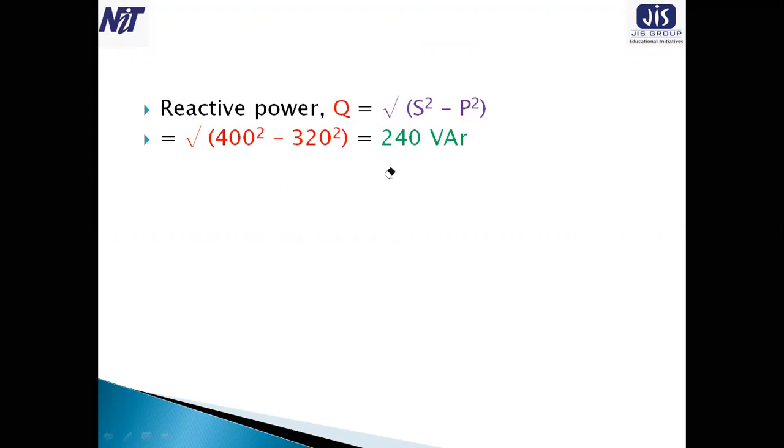From the power triangle we find that S square equals P square plus Q square. So Q square equals S square minus P square.